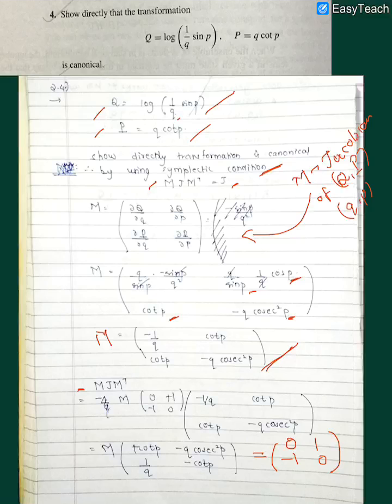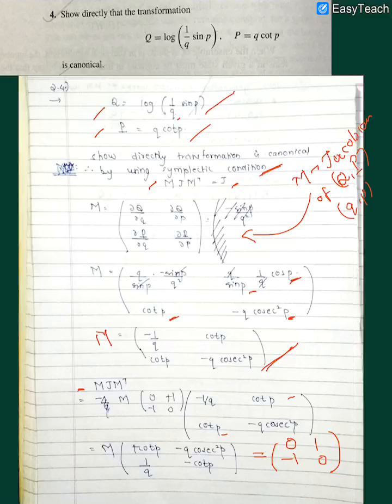I have kept M over there, and this is J. J is a special matrix that defines the symplectic condition. Now this is the transpose of M, that is minus 1 by q, cot p and minus q cosec square p, and this results in cot p, plus 1 by q, minus q cosec square p, minus cot p.